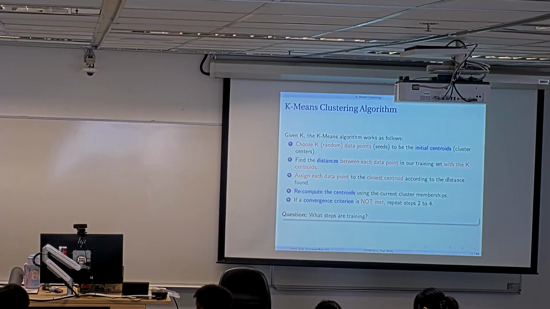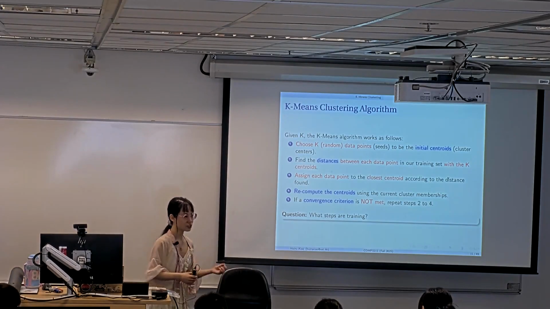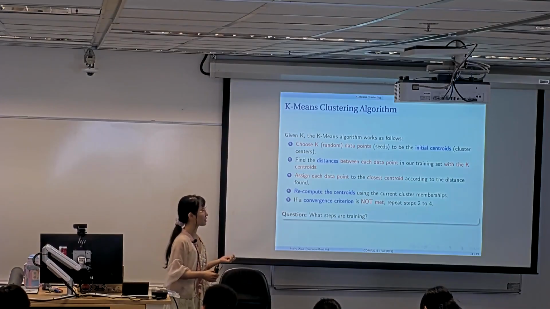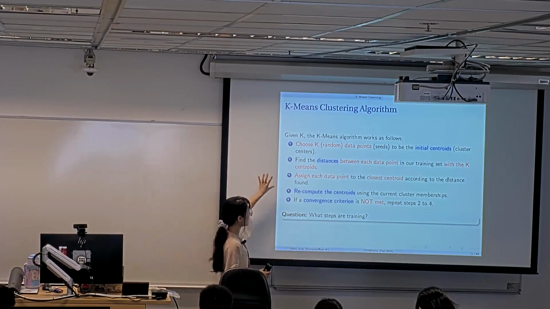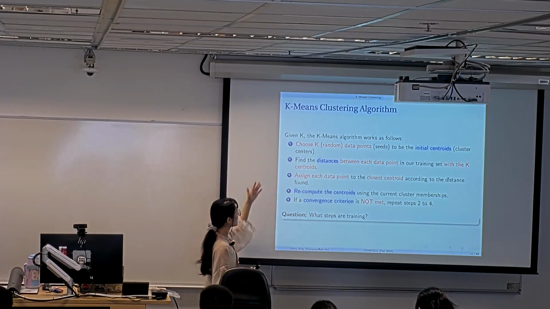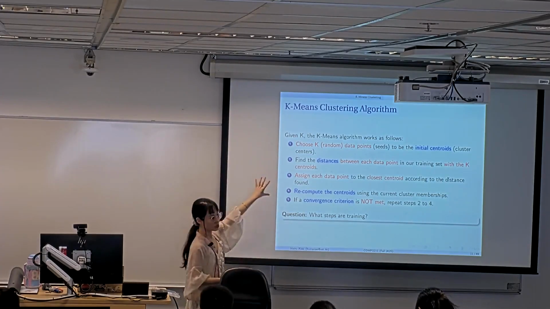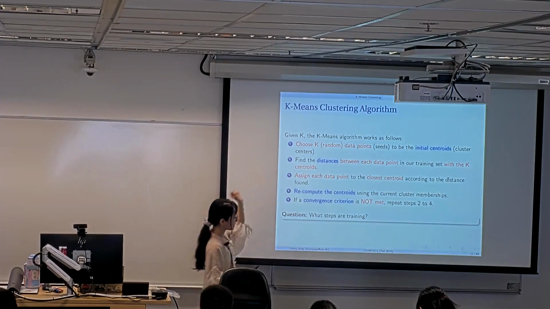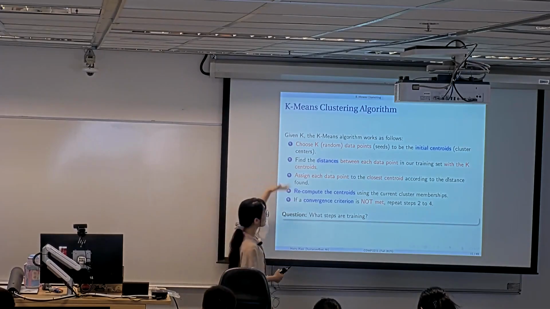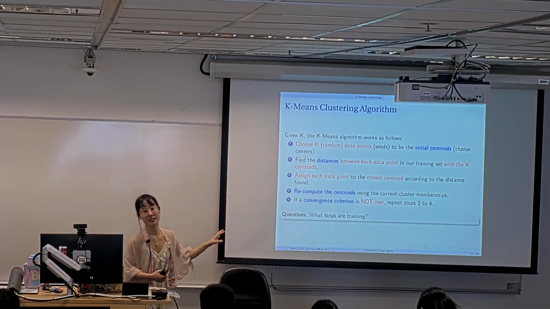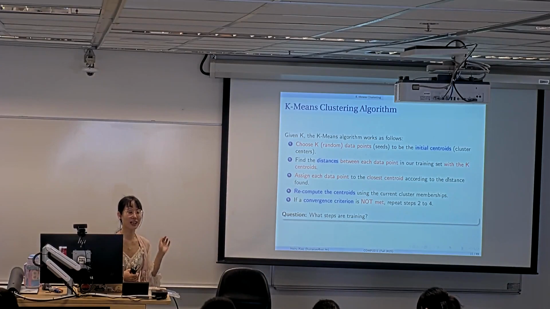Training means that we go into the iterations and alternately update the clustering, then update the centroids, and then go back to update the clustering, then go back to update the centroids. The whole training process is just the iterative step 2 to step 4. Actually, we can say all of these steps are just training. So basically the steps we listed here are all about training. We haven't gone into the testing yet.